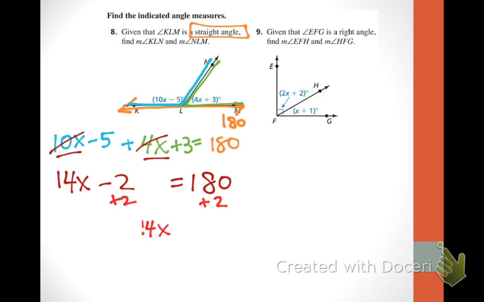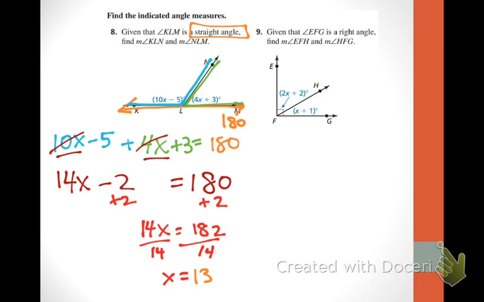So we have 14x equals 182. Divide by 14. What do we get? You have a calculator. What do we get for x? 13. Good. But it didn't ask for x, so what do we still need to do?